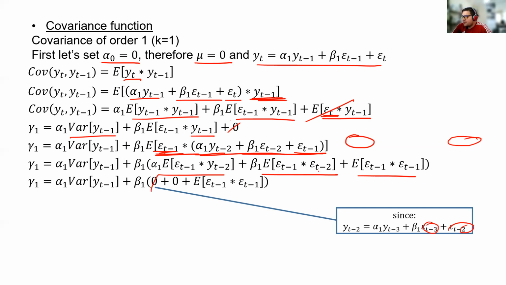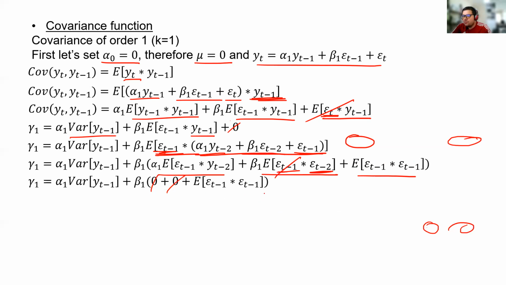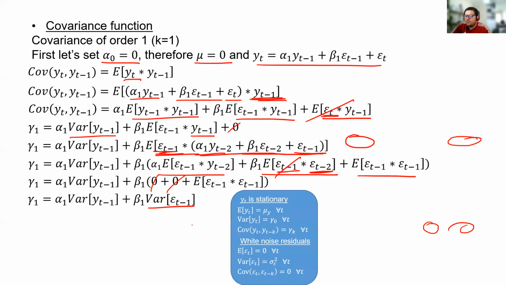Et minus 1 and et minus 2 are errors at two different points, so the covariance between them will be equal to 0. So this will go away. And the expected value of et minus 1 times itself will be equivalent to the variance of et minus 1. And we know from the assumptions that the variance of yt at whatever t is equal to gamma 0.